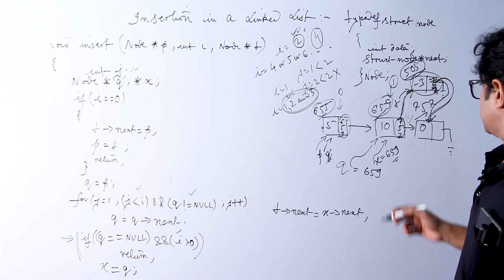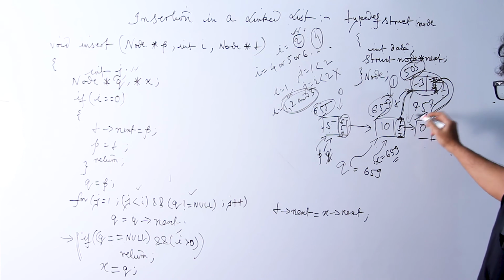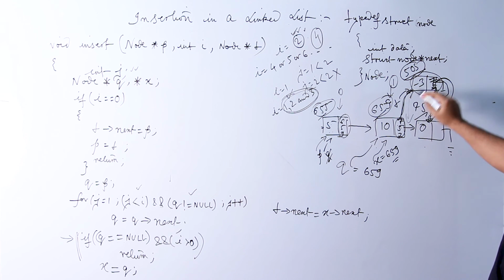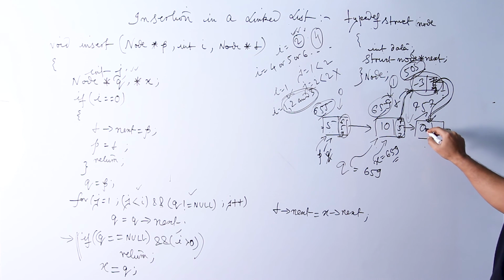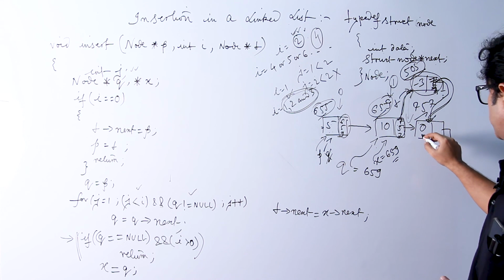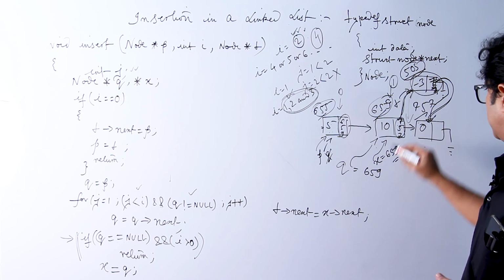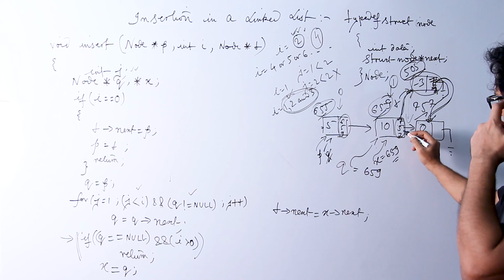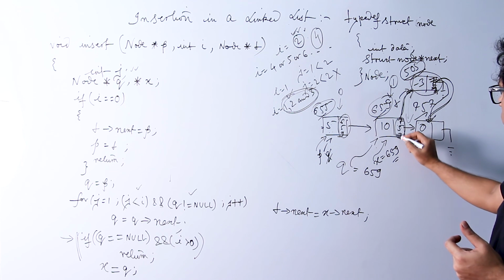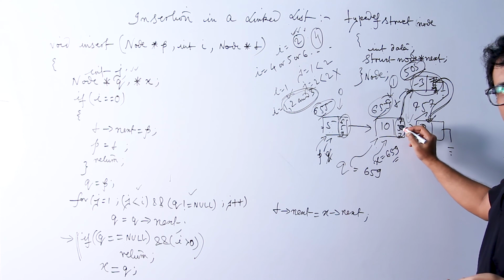And after that, what we have to do, since both of these nodes cannot point to the same location, that will not be a proper sequence in a singly linked list. So this is to be reassigned by which value?